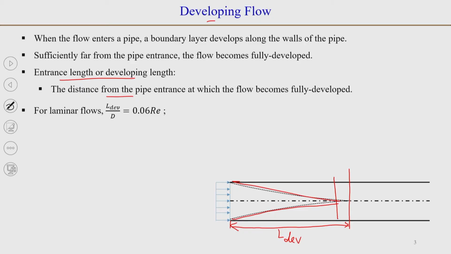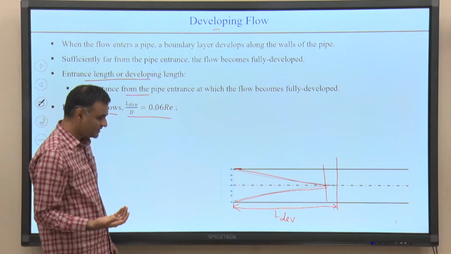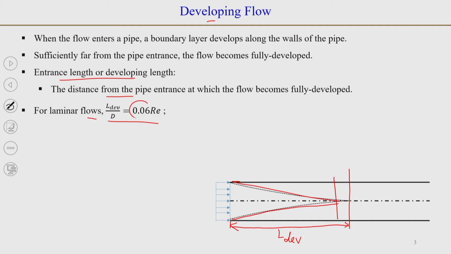For laminar flows, it has been observed that the development length is equal to 0.06 Re D. This number you may find varying: in some places it is 0.05, in some places you may find 0.056.